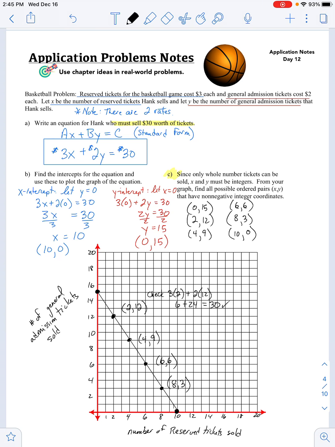Notice as we look at that on the graph that it is following what we learned in this chapter earlier and last chapter, that this is a slope or rate of change. We're going down 3, so decreasing the general tickets by 3, and moving to the right 2 to increase the reserve tickets by 2. So that's down 3 and right 2, and down 3 and right 2. And those would be all the possible coordinates that work.